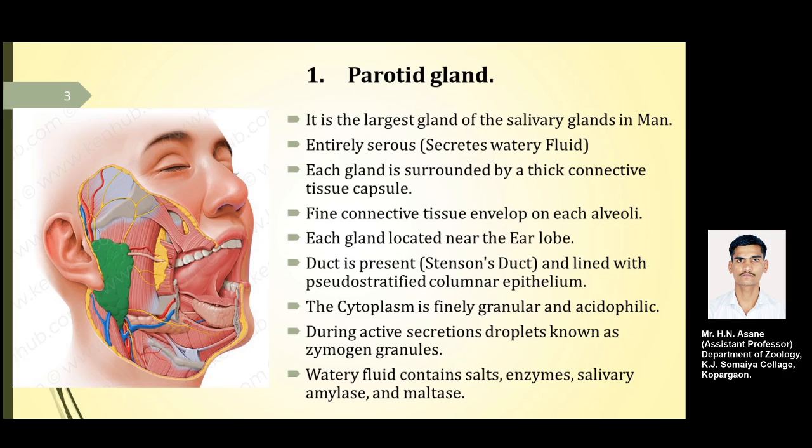Fat cells are also present in the parotid gland, in its connective tissue, and they tend to increase in number with age. That fat tissue increases as your age increases.